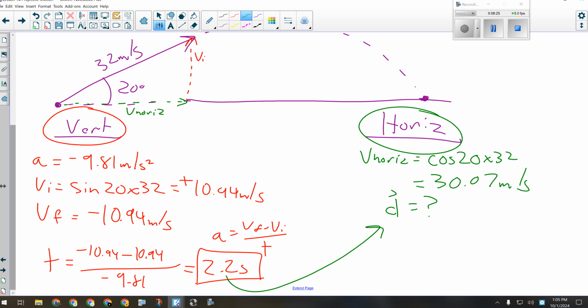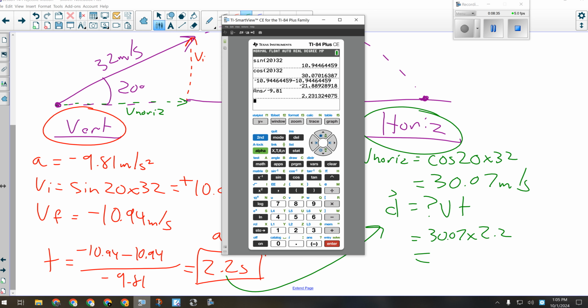D equals V times T. 30.07 times 2.2 seconds, and of course I'm going to keep all the decimals here. That number there times that number there. Forgot to put the times in.